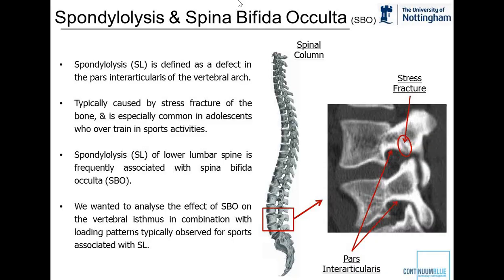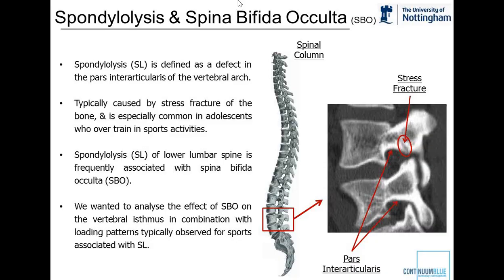And this is illustrated in this image here of your spinal column, and the red region highlighted is the lumbar region. And that's an X-ray of somebody who's got a stress fracture in these pars interarticularis, as illustrated in the image.